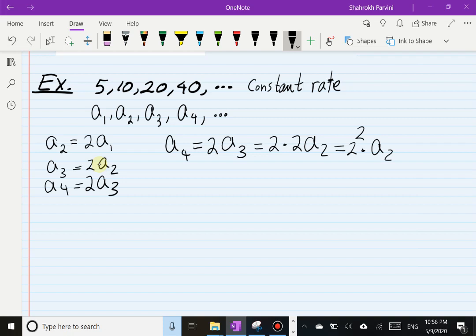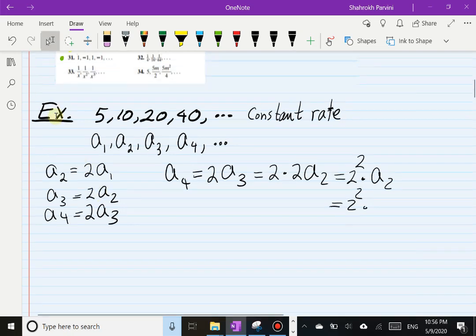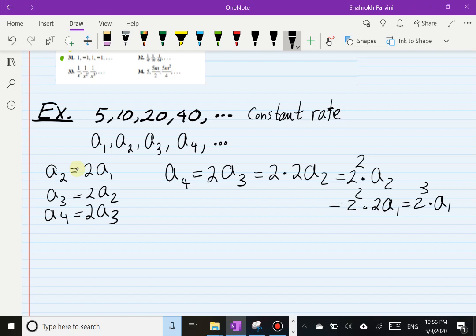Okay, and let's see, what about A2 itself? A2 is given up here. It's twice A1, so I'm going to write that as 2 times A1. And this makes this 2 cubed times A1. The idea is to write the fourth term in terms of the first term, in fact, every term in terms of the first term.